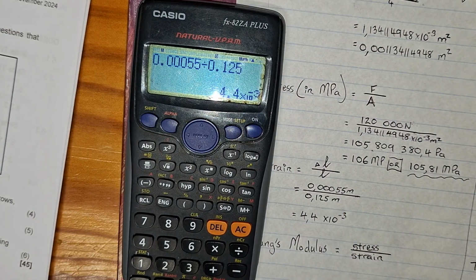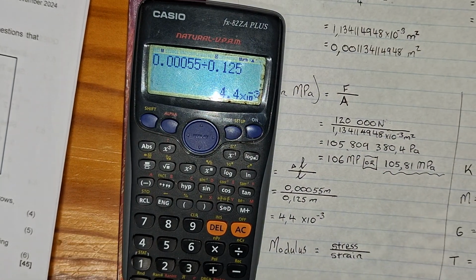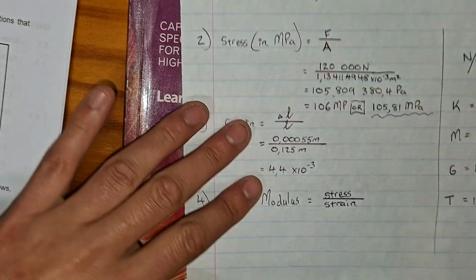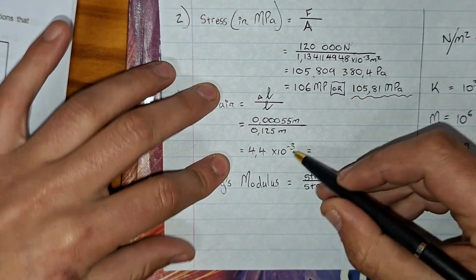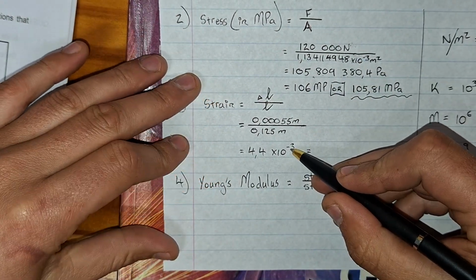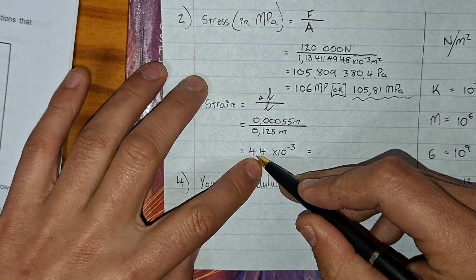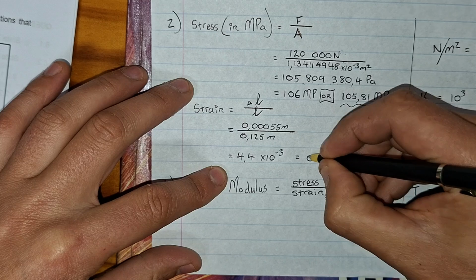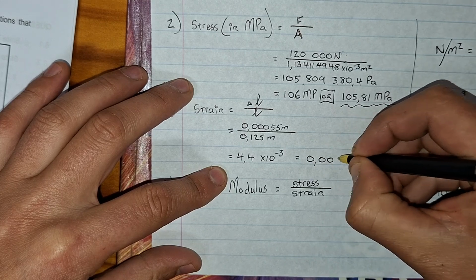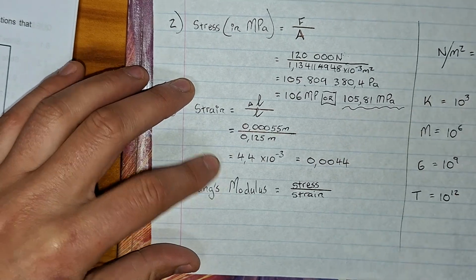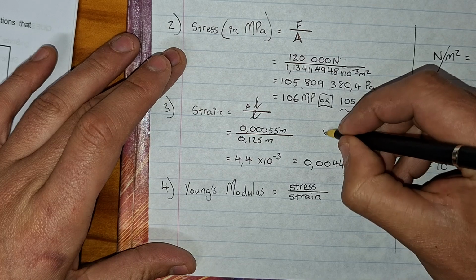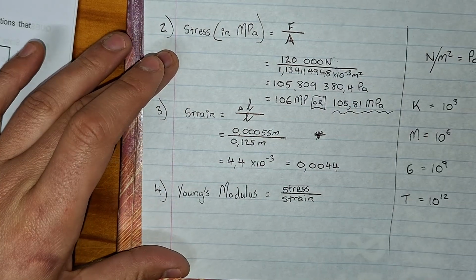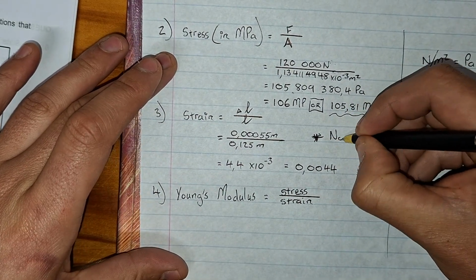Okay, if we want to get rid of the times 10 to the power of minus 3, because it's multiplied by 10 to the power of minus 3, the negative means that the decimal place will be going 3 times to the left. So the answer would be 0.0044. A very important note to take over here is that there are no units.